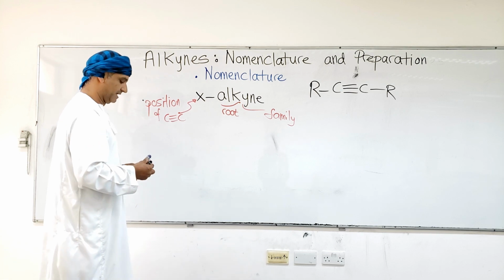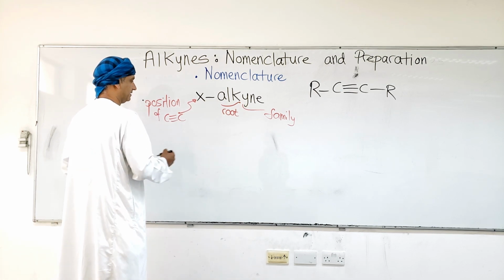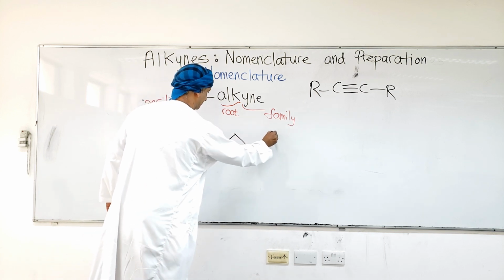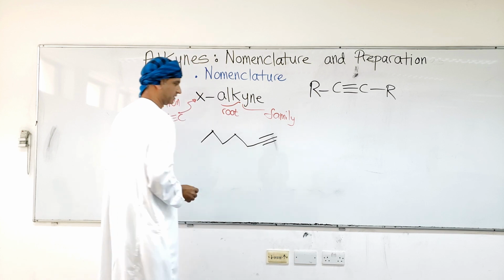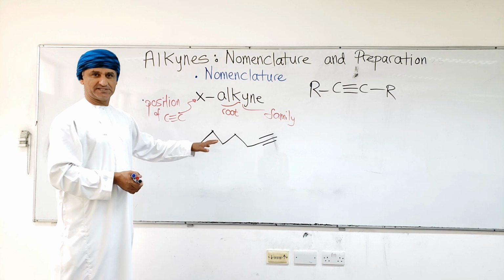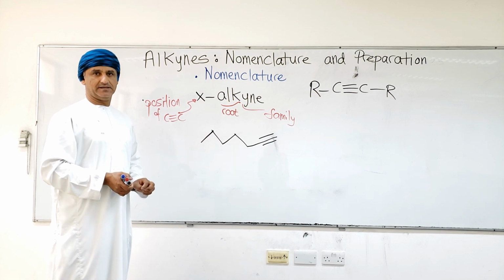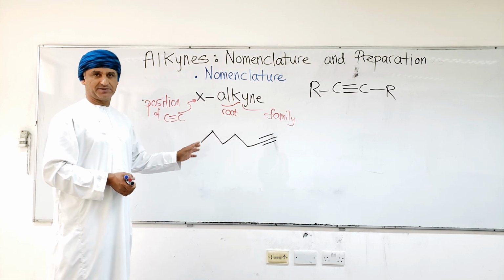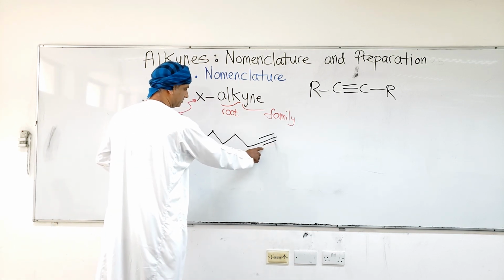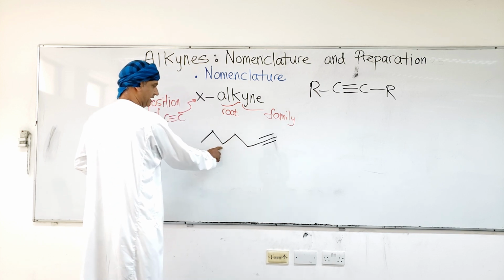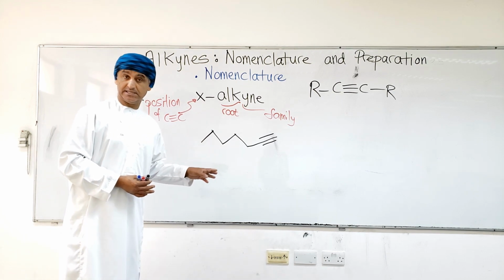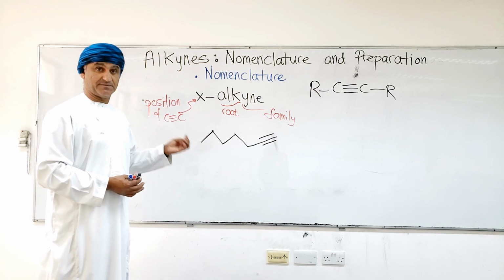So if we are given an example like this, we choose the longest continuous carbon chain. This is, of course, a simple linear compound containing a carbon-carbon triple bond. If we number the carbons, 1, 2, 3, 4, 5, 6, 7, the longest continuous carbon chain containing the carbon-carbon triple bond consists of seven carbons.